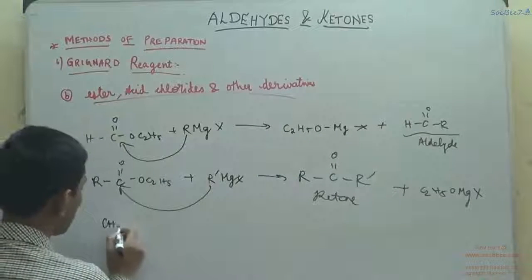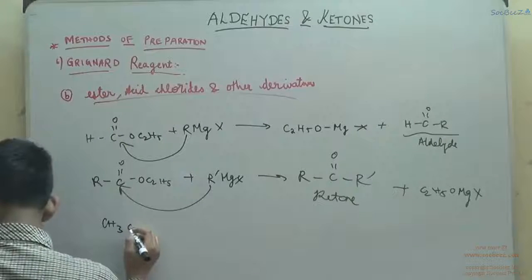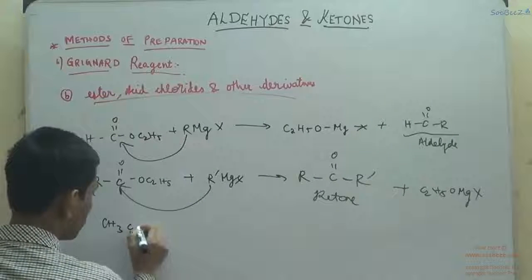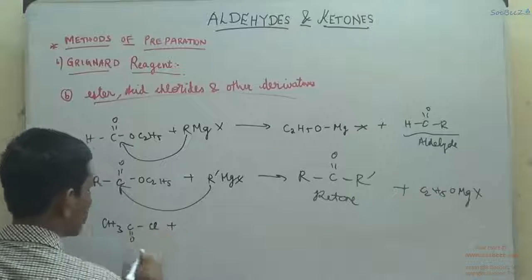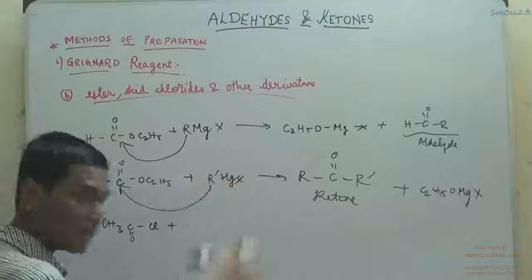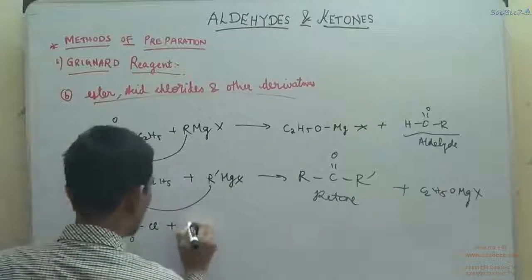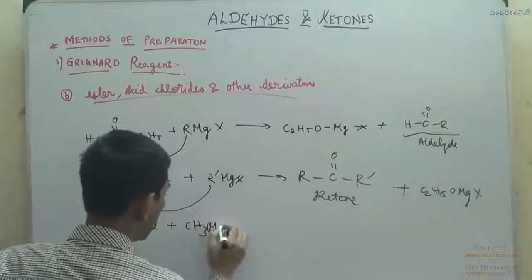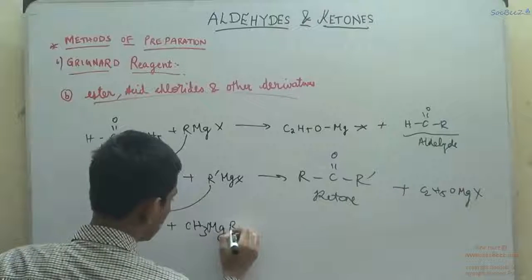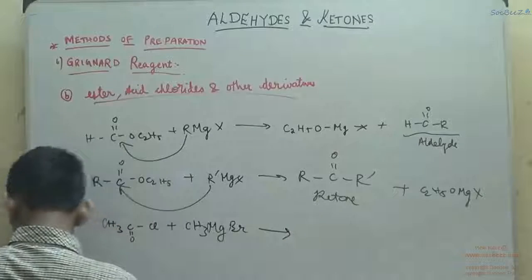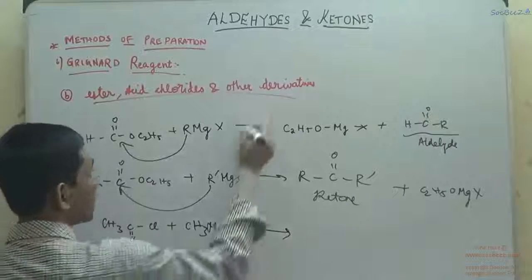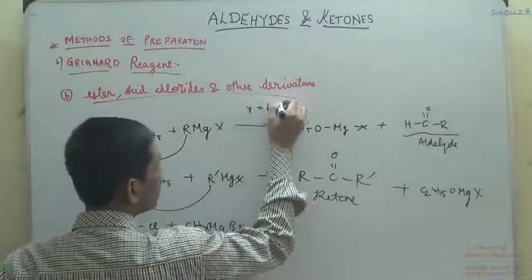Similarly, if you take an acid chloride or acid anhydride, you will get your corresponding aldehyde and ketone. So you have acid chloride with CH3MgBr, let's say, where X is halide, you know.